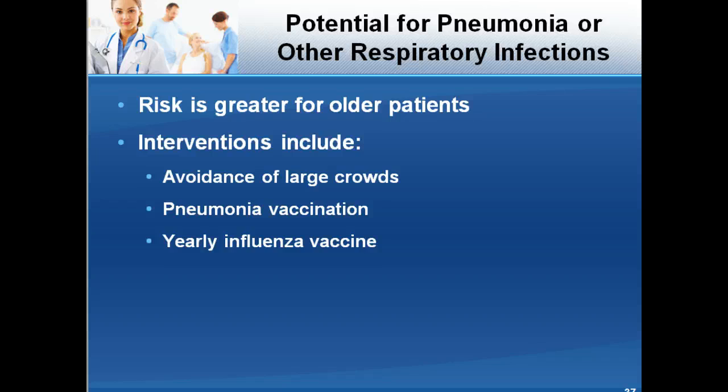Even if a person just has COPD, they say that for older patients, it's a good idea to avoid large crowds and make sure you get your pneumonia vaccination, I think it's every 5 years now, and the yearly influenza vaccine.